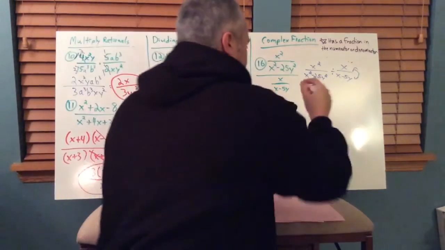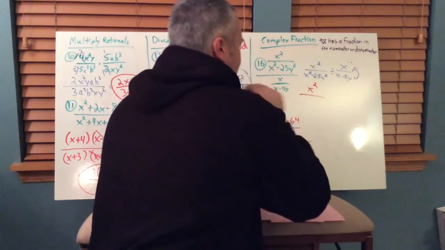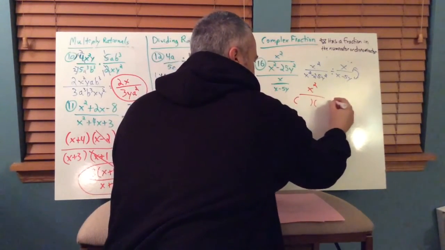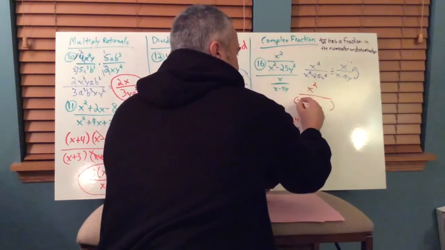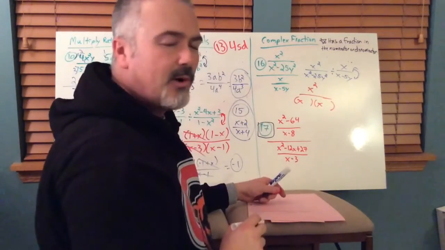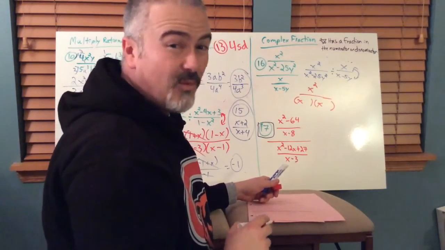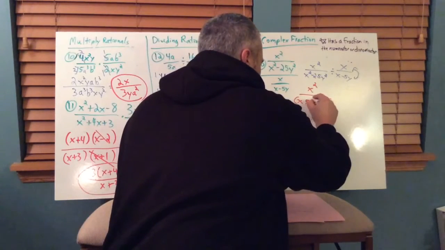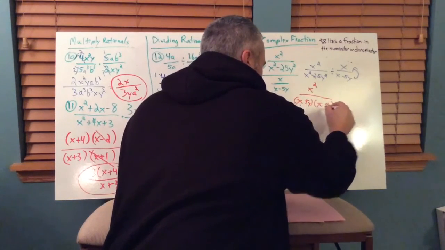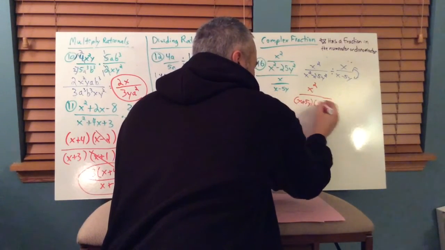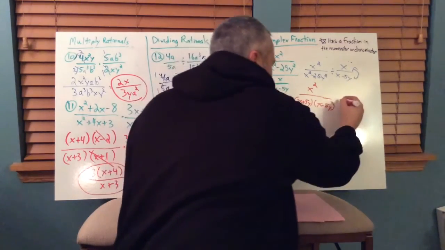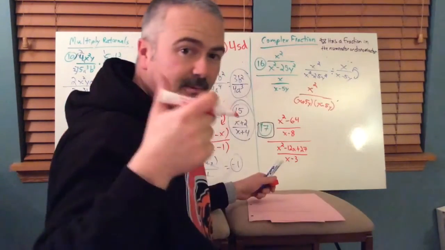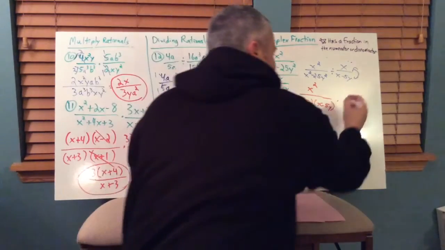So how about we do x squared, and then this is difference of perfect squares. So this would be square root of x squared is x, square root of 25y squared is 5y. And then remember it's positive 5y and negative 5y times the reciprocal, which would be x minus 5y over x.